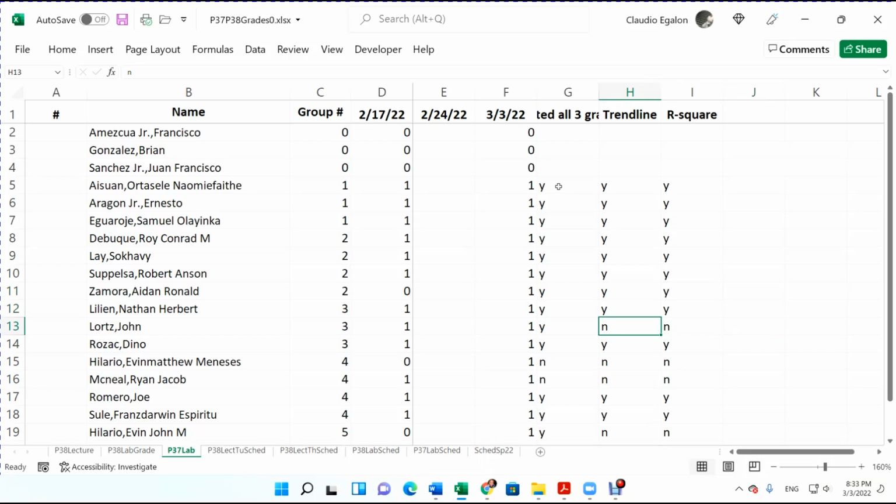Let's see. John Lords, did you get? John? Yes, Trend I line got and R both. square. Now, what about, okay, Evan, Matthew, did you get the three graphs, the trend line and the R square? Just not the R square. Okay, good. So you're getting there, right? Good. Ryan McNeil. Yes, all the three? Good. Now the last, Ryan.